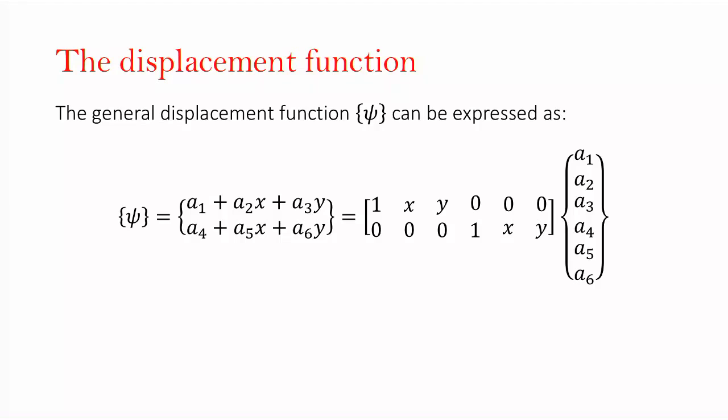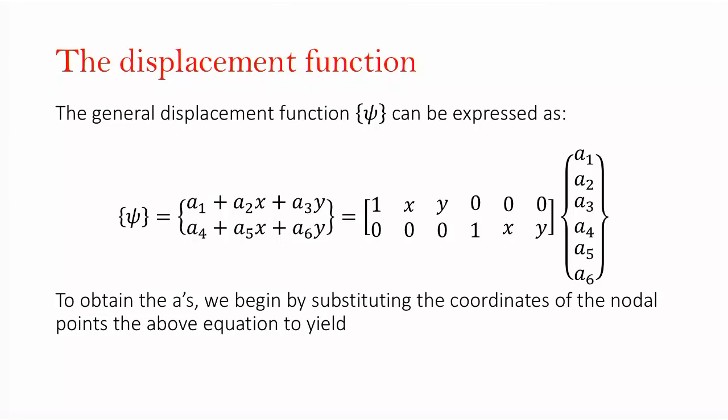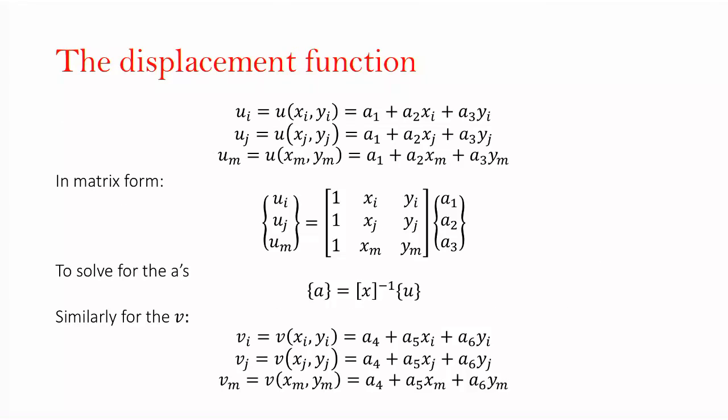So at any node of the triangular element, we know the nodal displacement. For example, at xi and yi, which are the coordinates of the node i, we know that the displacement in x direction is ui, and the displacement in the y direction is vi. And the same for the rest of the nodes.